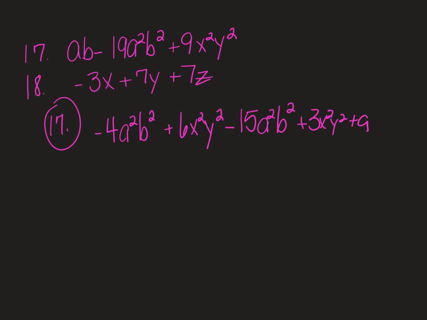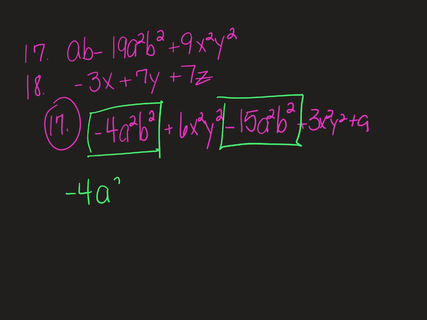What I like to do when I have problems this large is isolate, or bring together, things that I have in common. So I know I have a negative 4a squared b squared in common with a negative 15a squared b squared. So I'm going to rewrite those together so I can combine.